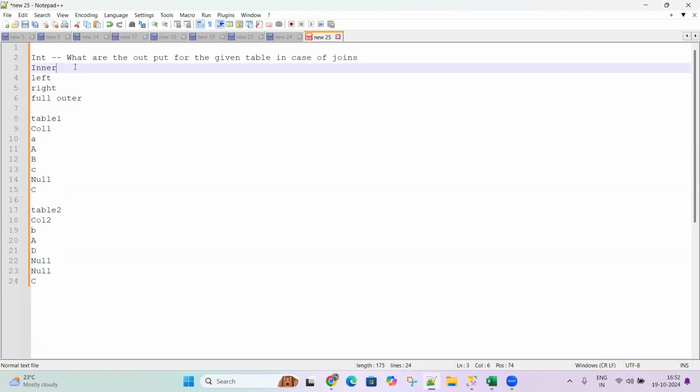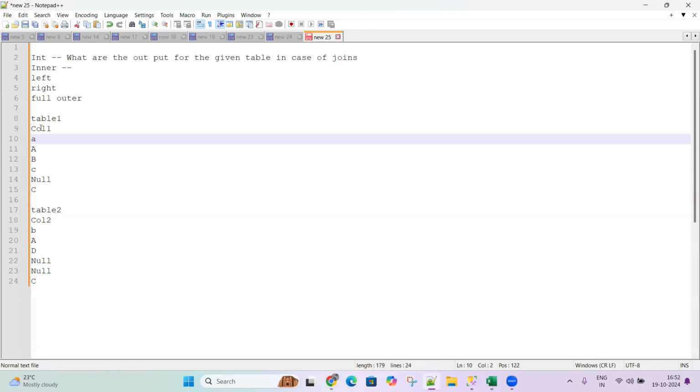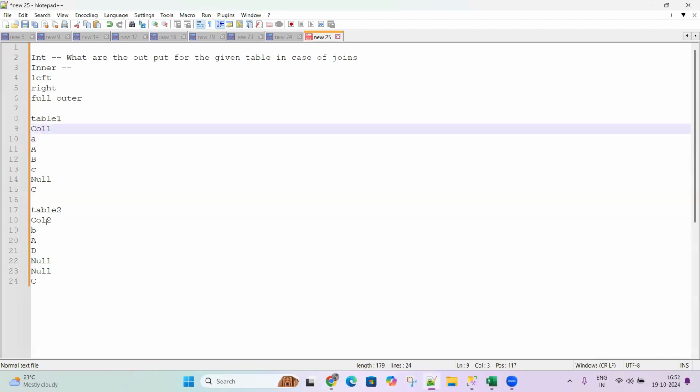I'll explain that. Before going into the solution, let's understand what inner joins are. Suppose you have two tables, and each table has one column: column one for the first table and column two for the second table.